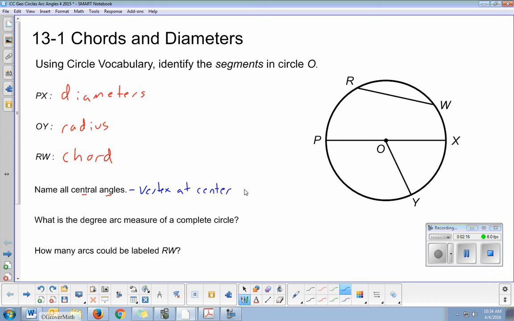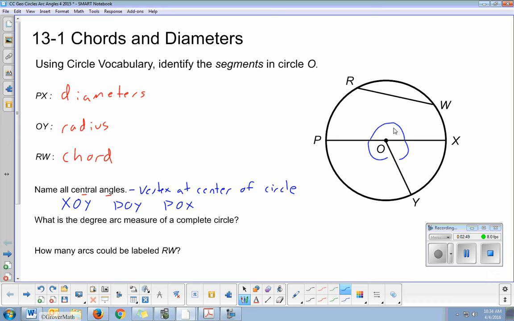So like this angle right here, angle XOY or YOX, but we know the middle letter of an angle has to be the vertex. So that's a central angle because it's located at the center of the circle. So is POY or YOP. Even this angle here, POX is a straight angle because it's the diameter.